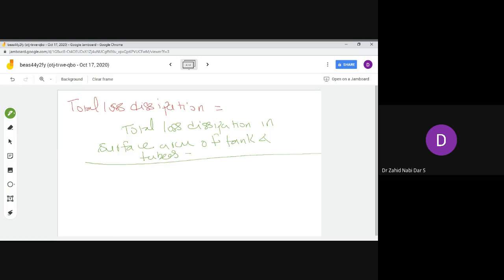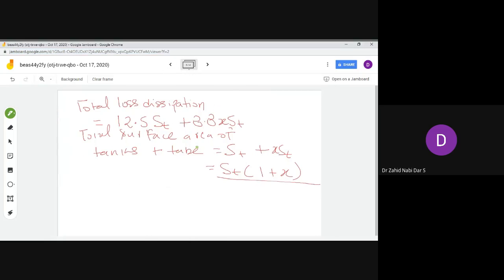This total surface area of the walls of the tank and tube we saw in the previous slide: st times (1 plus x).